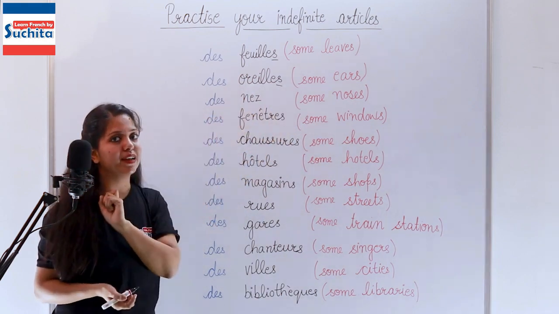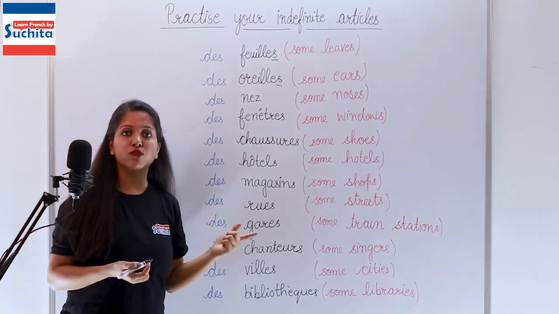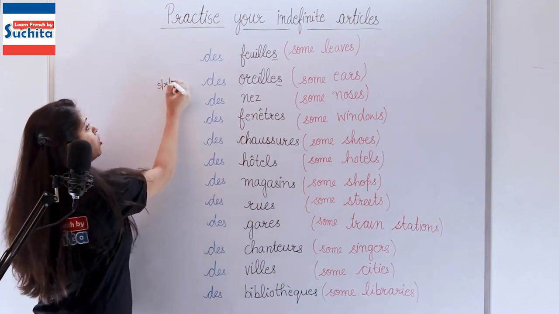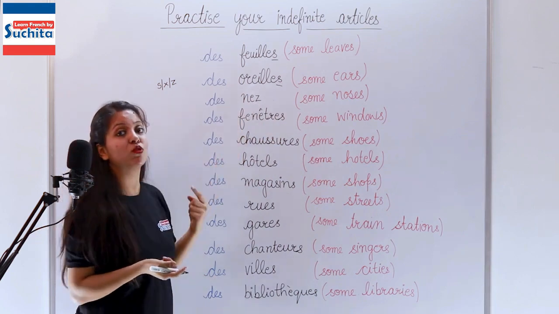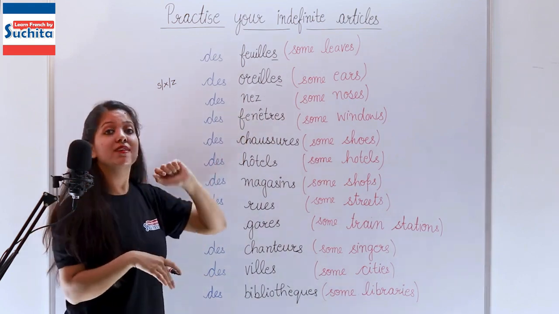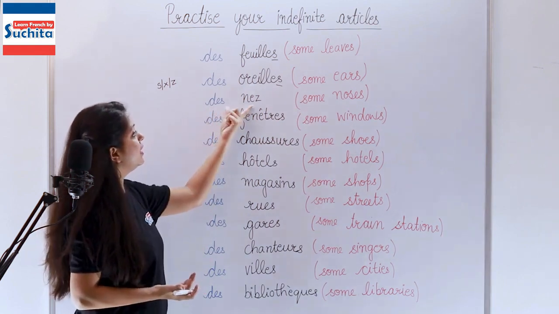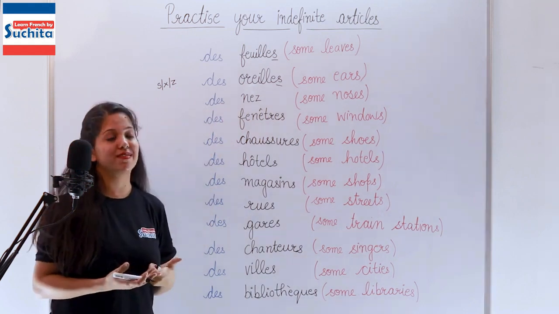Now here I have not added an S. The rule is, if your noun in singular form ends with S or X or Z, then the plural remains the same. So here nez was already ending with a Z in the singular form, so its plural will remain the same. In plural form, it is des nez, some noses.